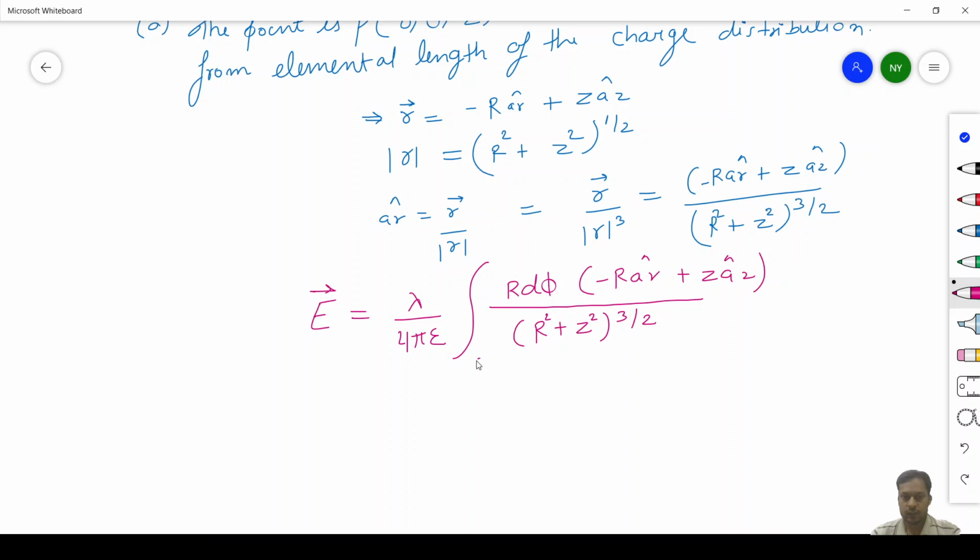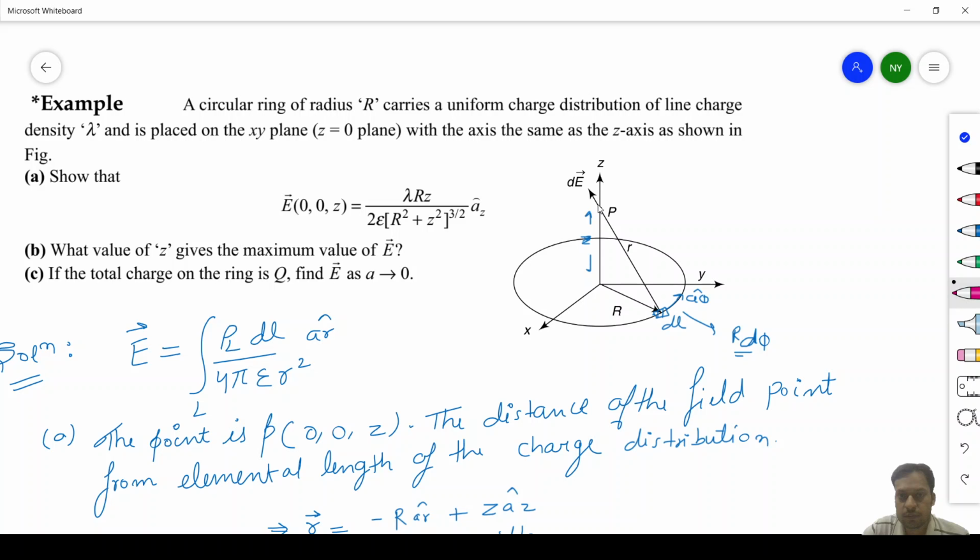Now look at the figure. The electric field has a z component and the electric field has an AR component in this direction, one AR component in this direction, due to this elemental field, and this combined to this. So these are equal and opposite, so this will counterbalance.